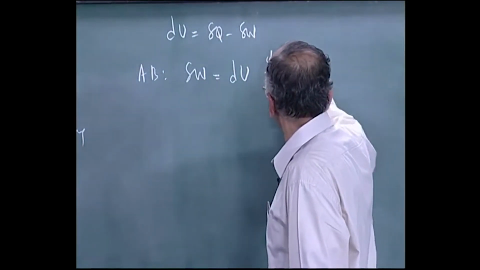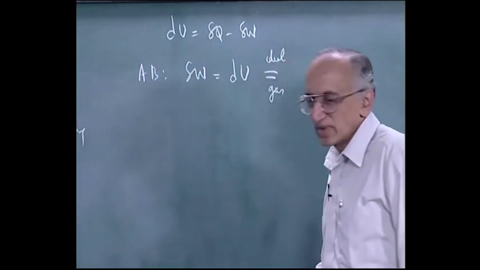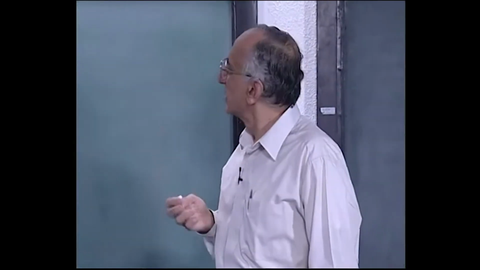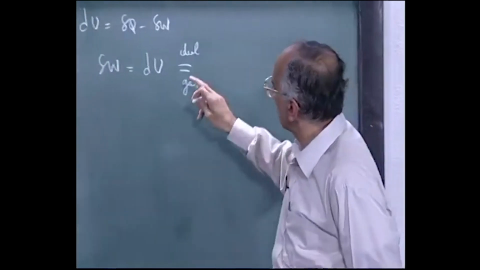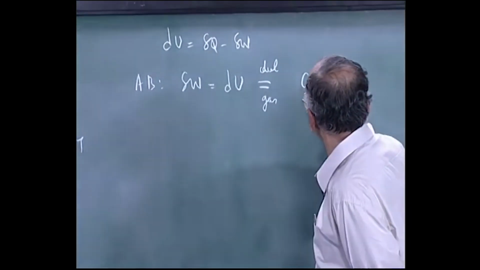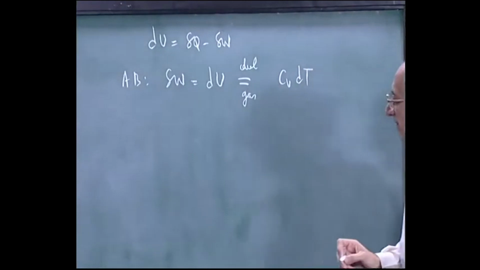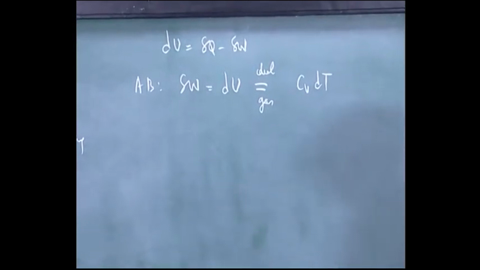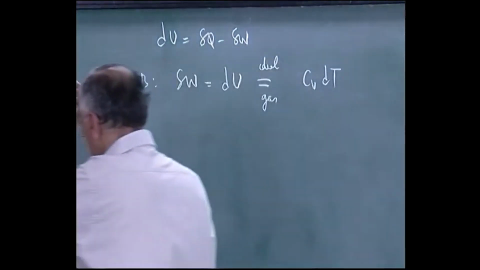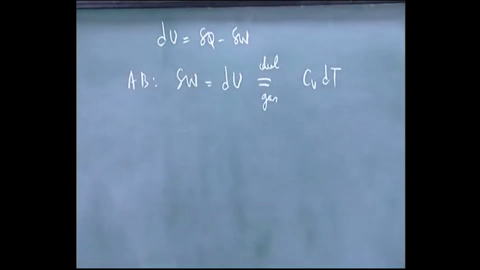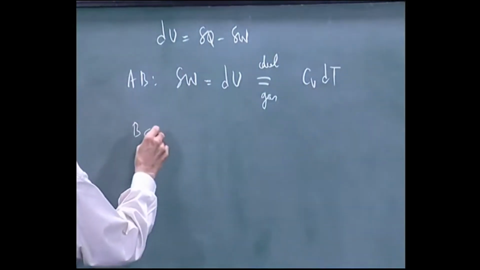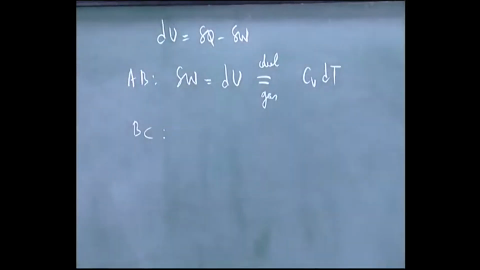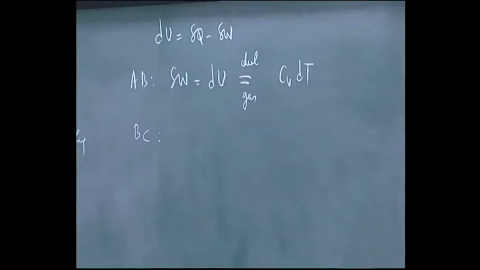If I assume ideal gas, I do not have to, there is actually thermodynamic charts for this which you can use, but if you assume ideal gas you are talking of Cv dT. Then I have BC, or I will write W itself, WAB.